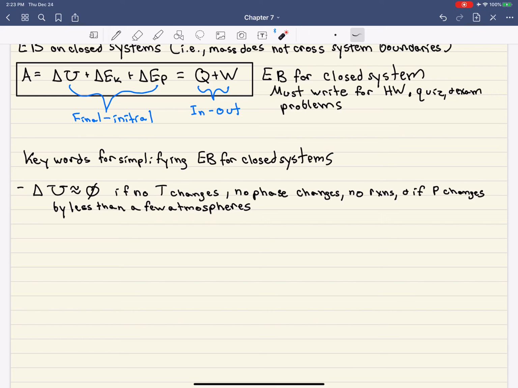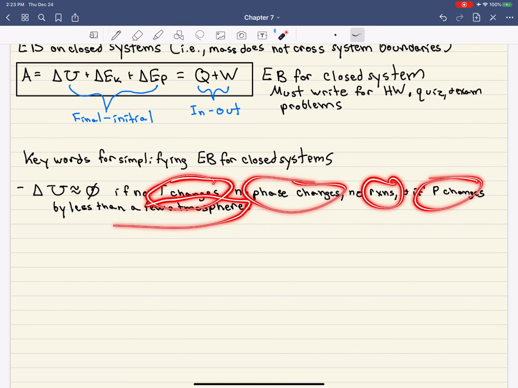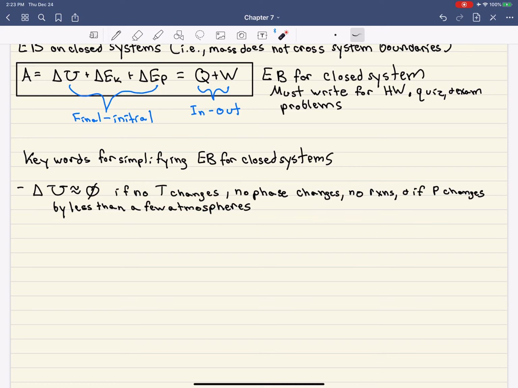And if none of those things are changing, that means at the molecular level we don't really have any changes going on either. So that means that the internal energy of our system in the final state is about equal to the internal energy of our system at the initial state. Okay? So in those cases, our delta U is going to be about equal to 0.